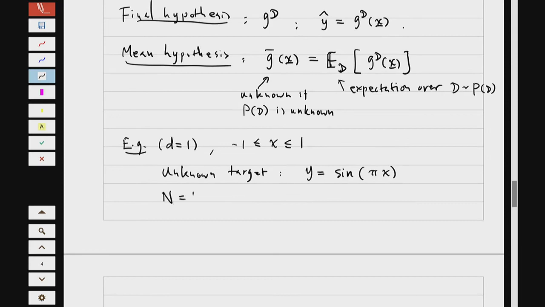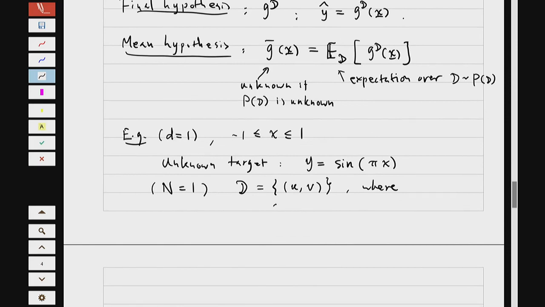Let's assume that n equal to 1. Okay, a very simple case, right? Not kind of a trivial toy example. So our data set contains only a single point, right? Let's represent a single point by U, V like that, where we assume that U is uniformly chosen between -1 and 1, within the space.